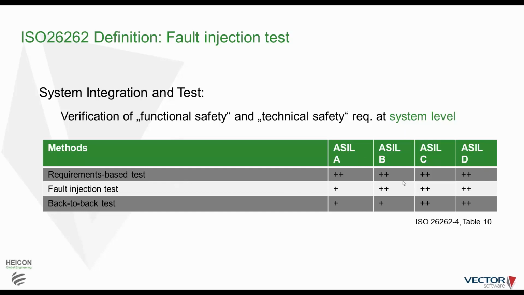The methods you choose depend on the ASIL level you have to follow, which is previously defined by risk and hazard analysis. So you can see in all 4 levels it's highly recommended to do requirements-based testing, as the whole topic is about functional safety and technical safety requirements. It's no wonder, I would say.